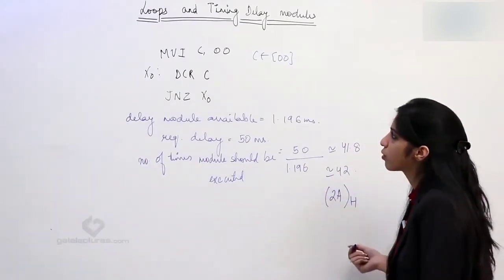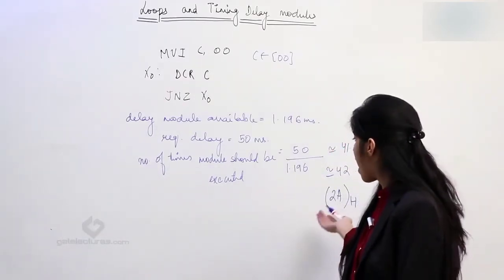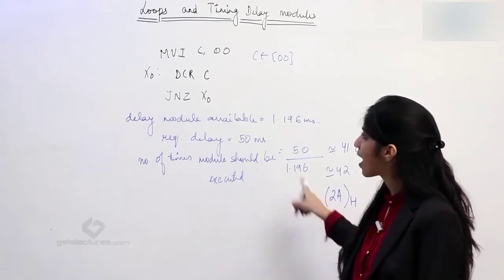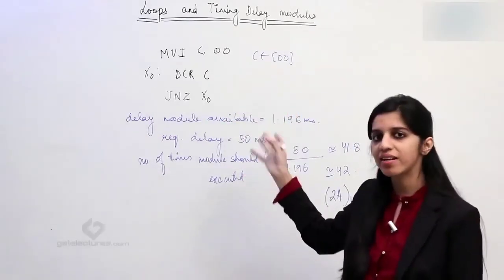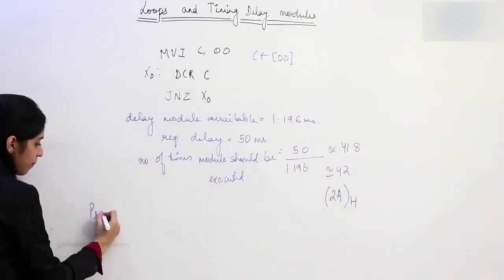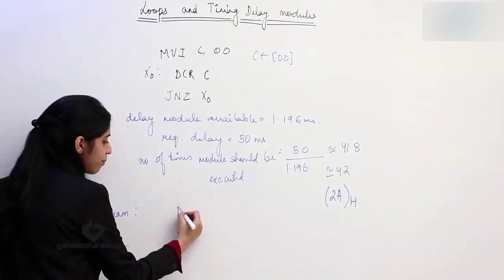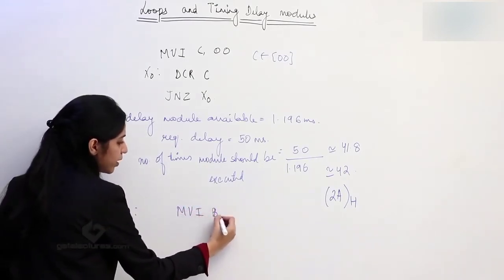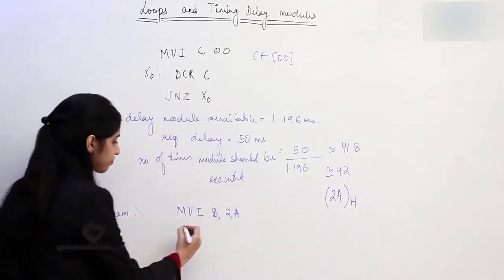So now I am going to use another register, any register, maybe B. I'll load B with 2A and I'll execute this loop inside a different loop. Just look at the program now. What am I going to do? I am loading B with 2A, MVI B, 2A.